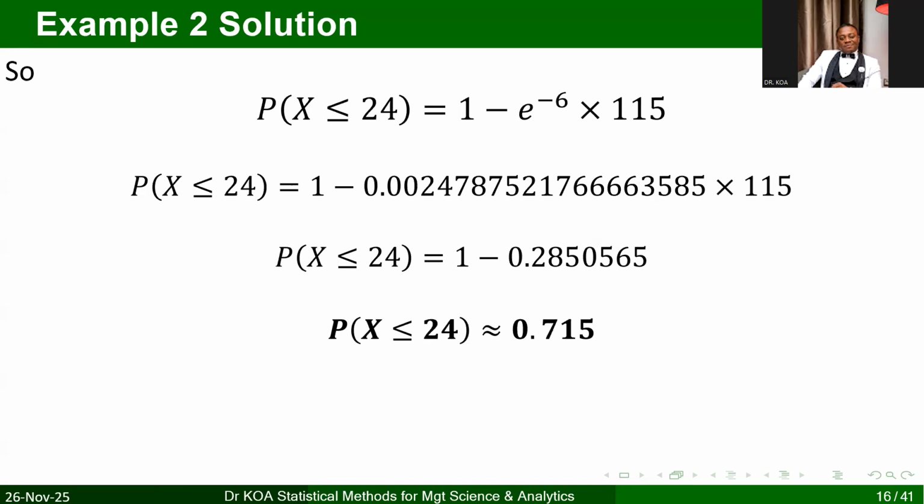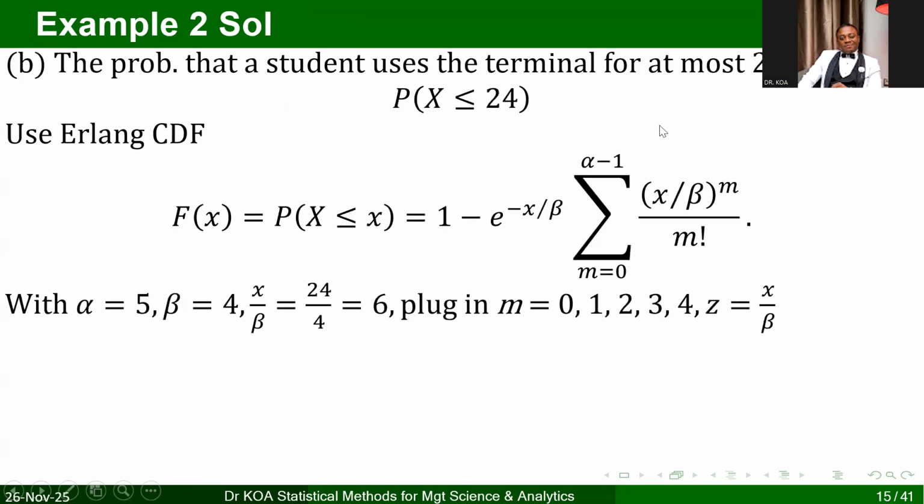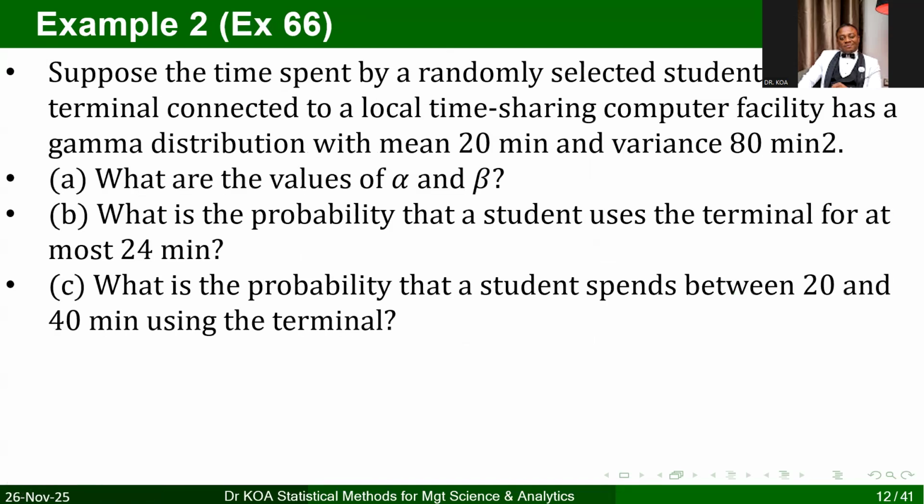Now let's go to the C part of this question. The C part says you should find the probability of the number being between 20 and 40. But let me go to the original question, then you see. It says, what is the probability that a student spends between 20 and 40 minutes using the terminal?